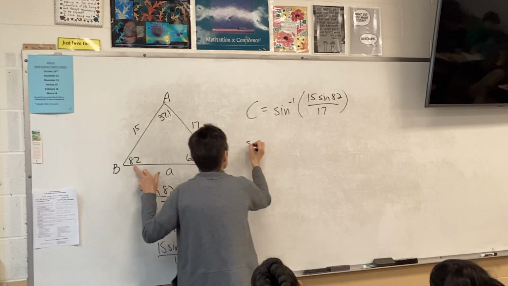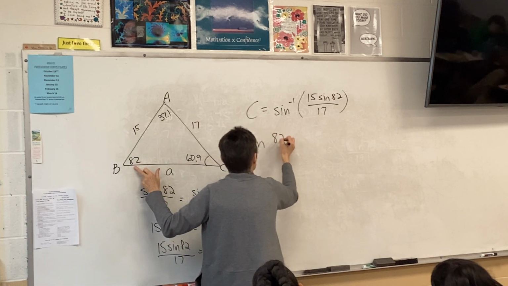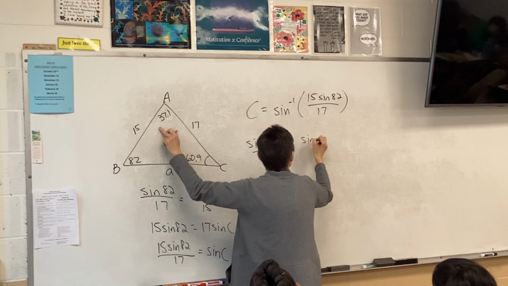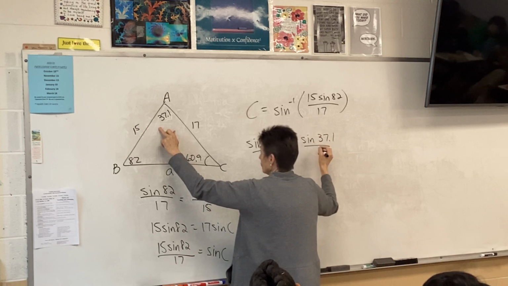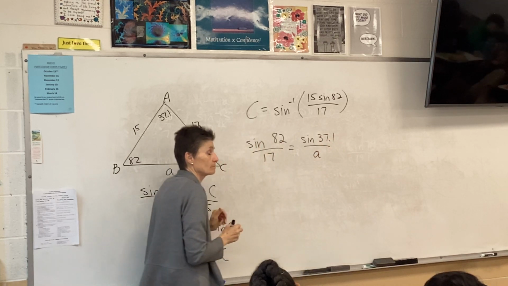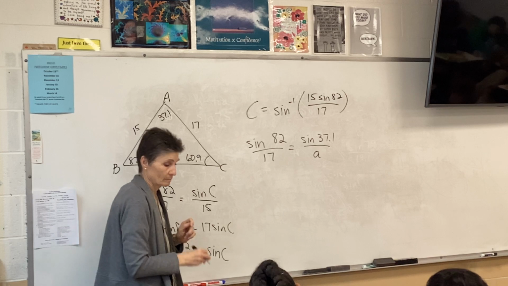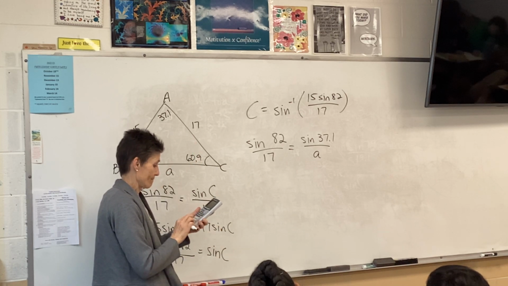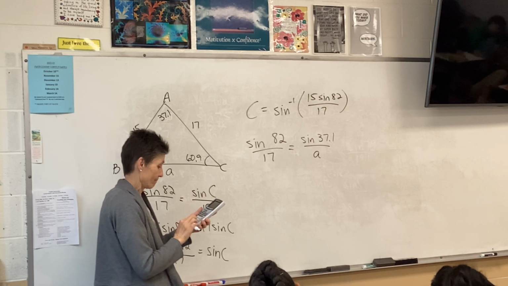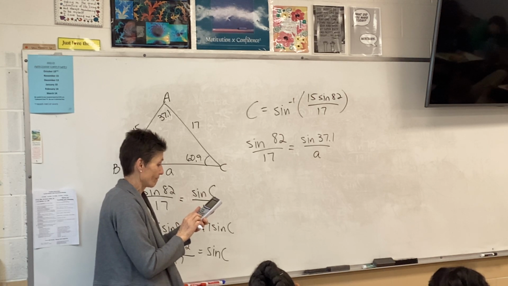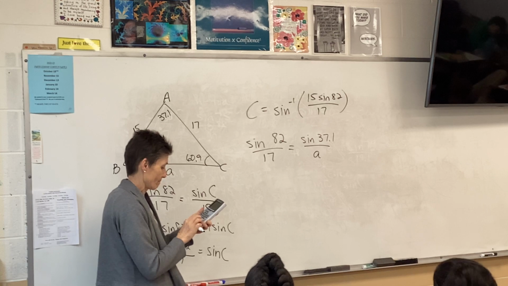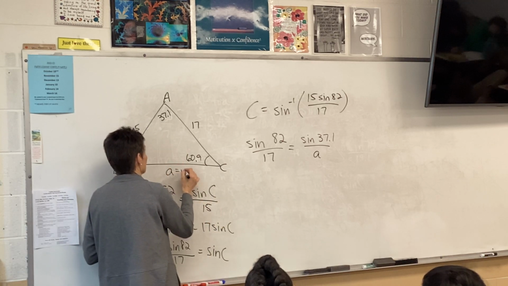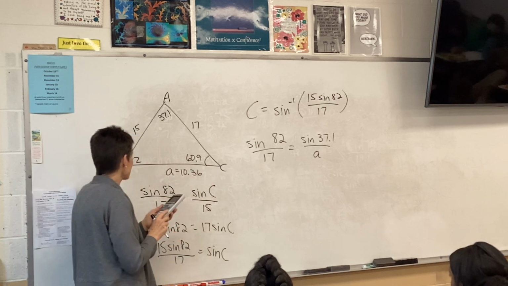So sine 82 over 17 equals sine 37.1 over A. I got 10.26. How does that sound?